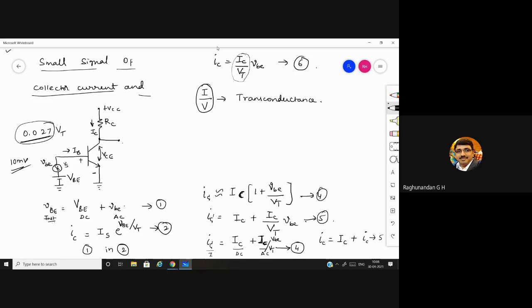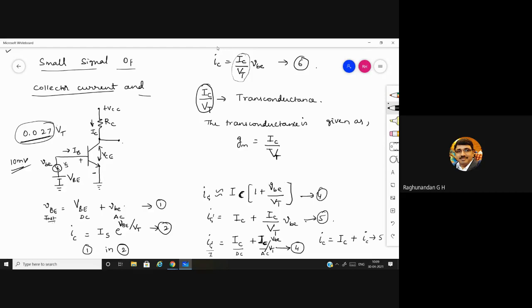So now this I by V can be written as IC by VT. So this can be rewritten as the transconductance is given as GM is equal to IC by VT.